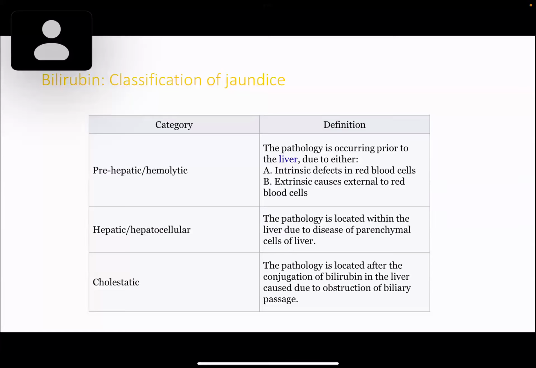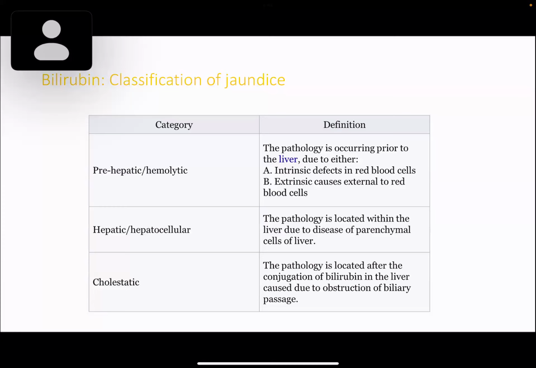Prehepatic jaundice commonly results from excess breakdown of hemoglobin, as seen in hemolysis, or can be due to failure of conjugation of bilirubin, like some inherited conditions such as Gilbert syndrome and other syndromes.